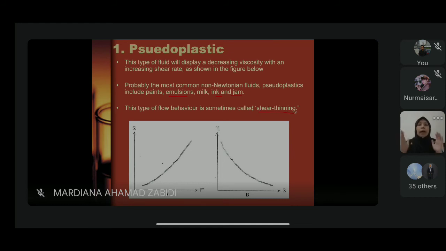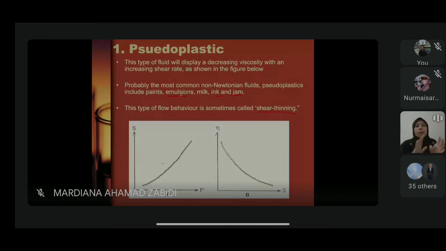Okay, so what happened for pseudoplastic is whereby when you put your sample into a beaker, you look at your sample, it is viscous. But then when you subject to rotation, your spindle start to rotate ataupun kamu start to mix, pakai sudu ke apa ke. Contoh macam emulsion ni.